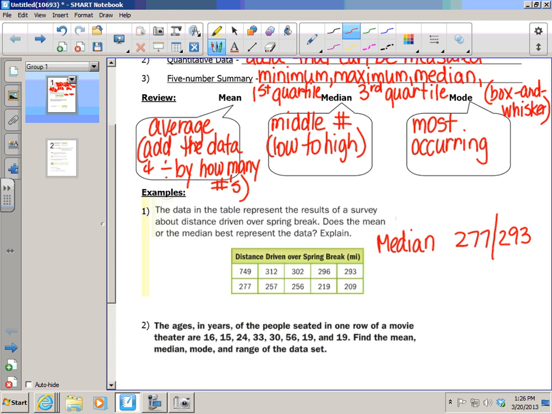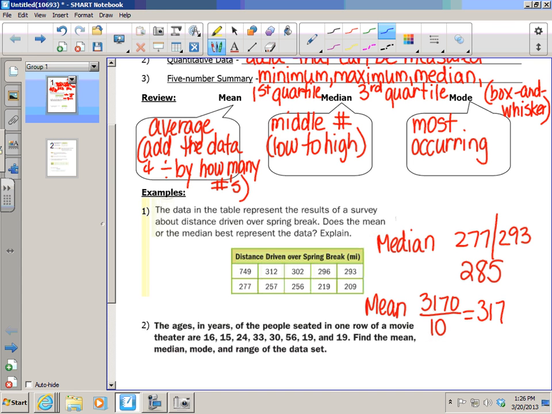So I had to add them and divide by 2 to get 285. The mean is the average, and I added all of those to get 3170, divide by the 10 that there are to get 317.